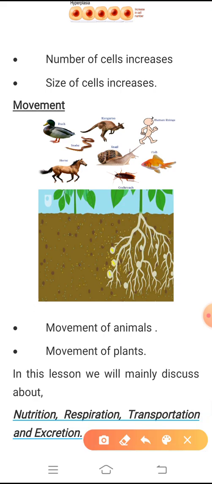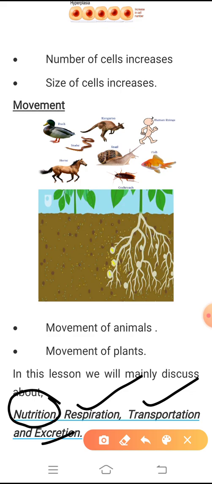In this lesson we are going to discuss only the first four things, that is nutrition, respiration, transportation and excretion. These are the four major things which we are going to discuss in detail in my next slide.